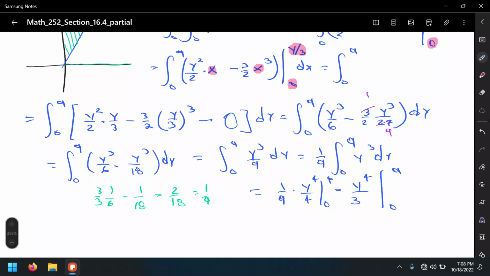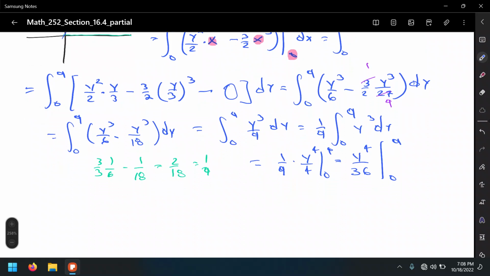And as usual, upper limit. Now let me take the 1 over 36 times 9 to the 4th minus 0 to the 4th. So 9 to the 4, which is a big number, over 36, that should leave us with 729 over 4. All right.